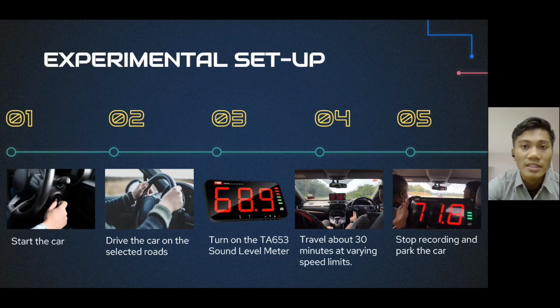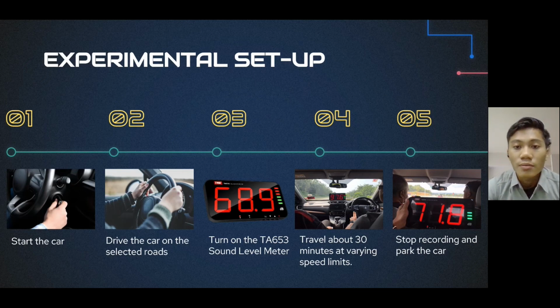Okay, for the experimental setup, there are five procedures. The first one is start the car, then drive the car on the selected road. After that, turn on the TA653 sound level meter, then travel about 30 minutes at the speed limit, and don't forget to press the recording button.